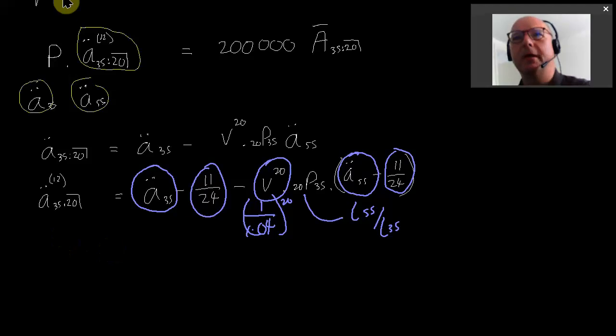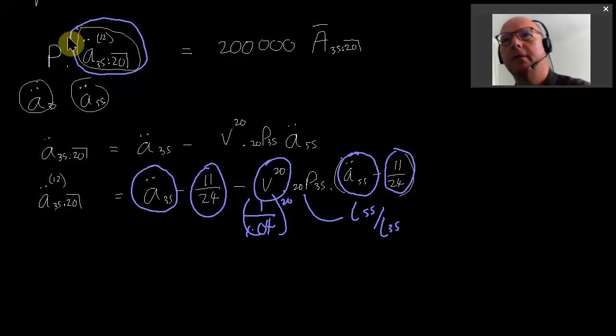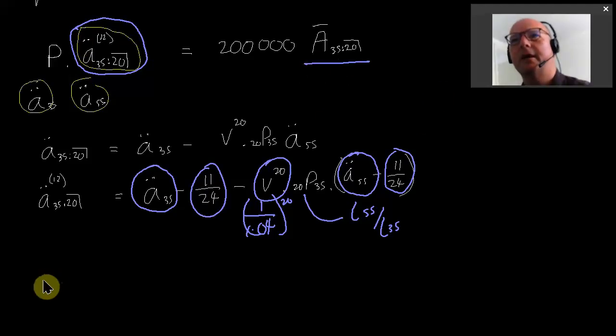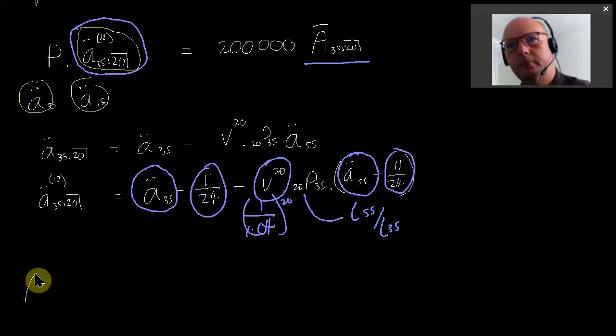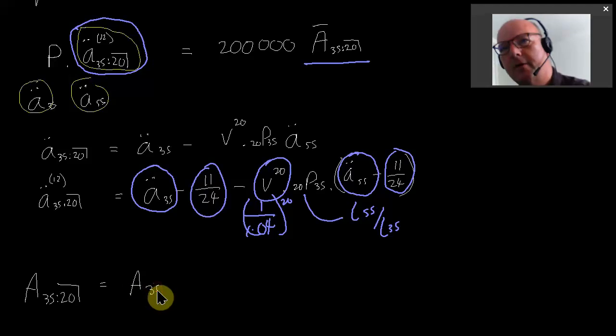So that gives me, so I've now got this part of the equation. I've now done that. Okay, so I now need to do that, and I do it by exactly the same sort of breaking it down. So I can look up A35, I can look up A55. So A35:20 is equal to A35 minus assurance at age 55.